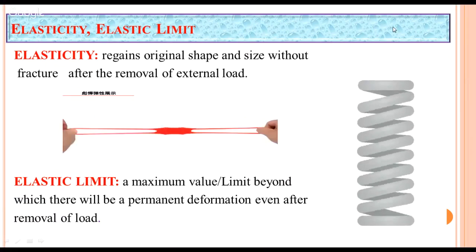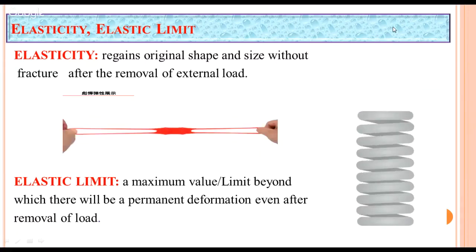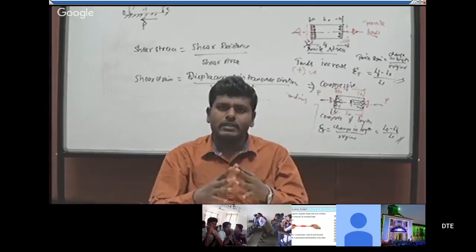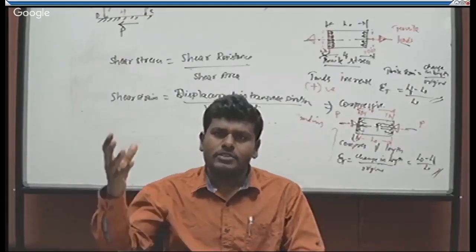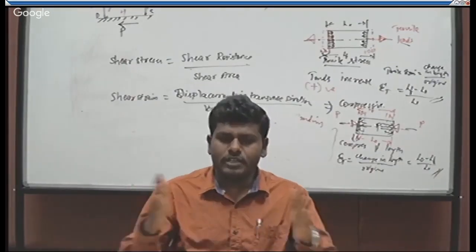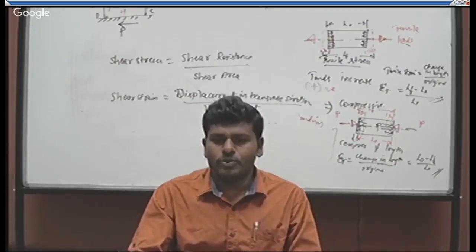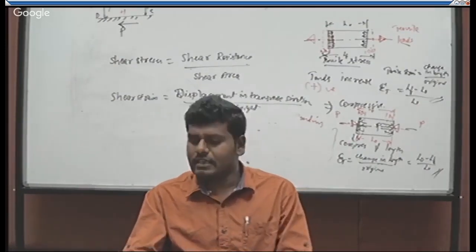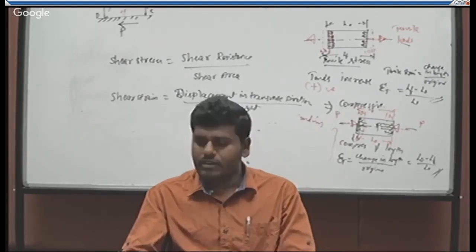Whenever we remove the external loads from those bodies or members, it regains its original size and shape. This nature of a material is called the elasticity of a material.